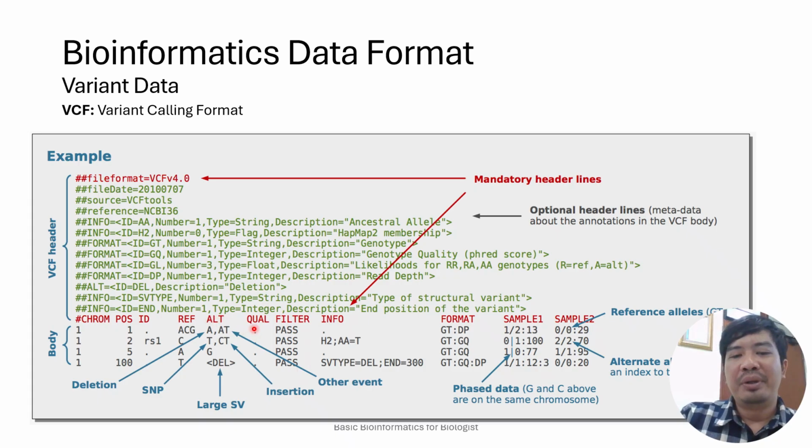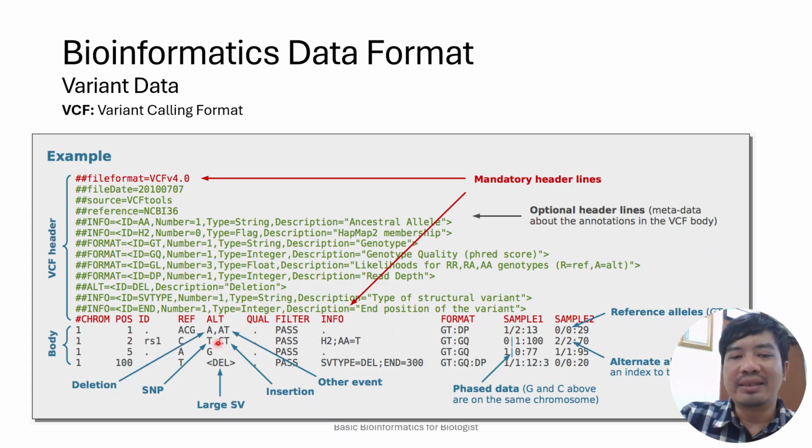And then the quality is good, so they pass the filter. And then the detail of every sample is something like this, the genotype. 0 means sample 2 is homozygote and the same as the reference. 1, 2 means that it's heterozygote.